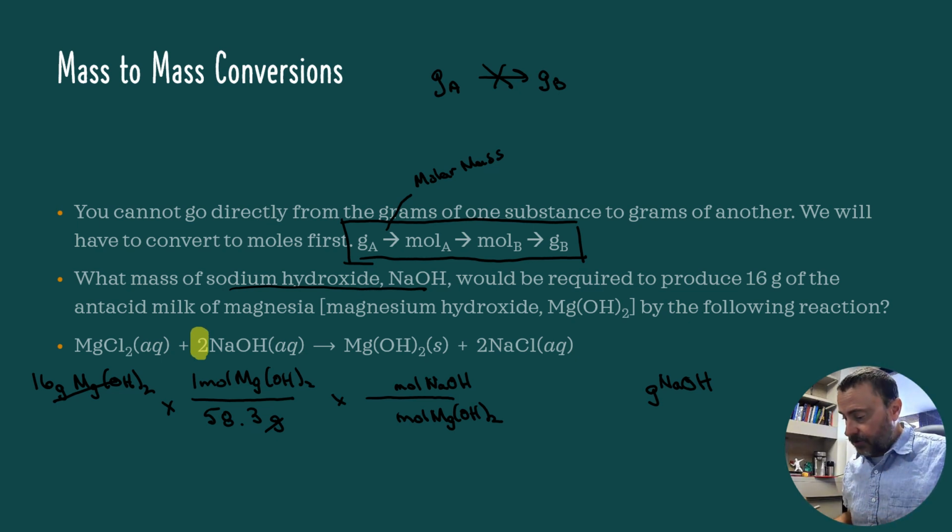So that's that 2 right there. We're going to plug right in here. And then for the moles of our magnesium hydroxide, there's a 1 right there. I'm going to plug that 1 in there.